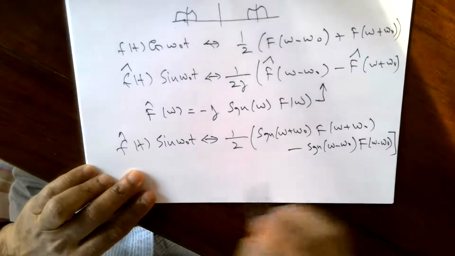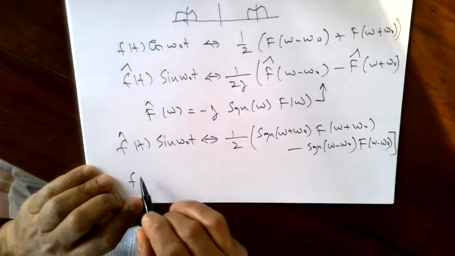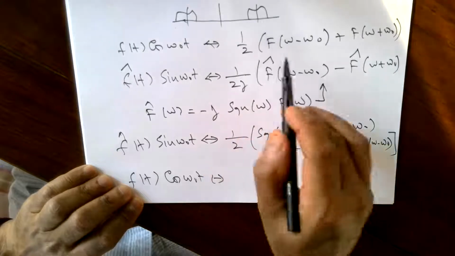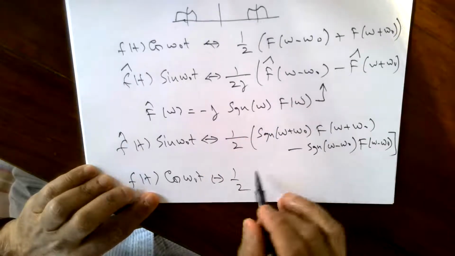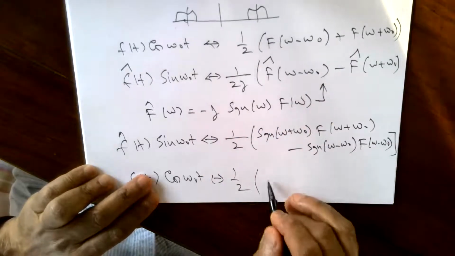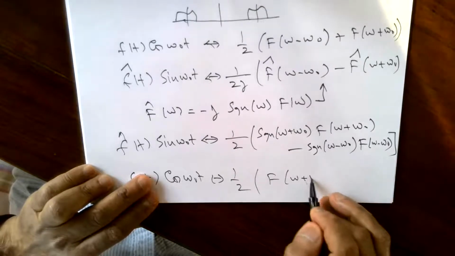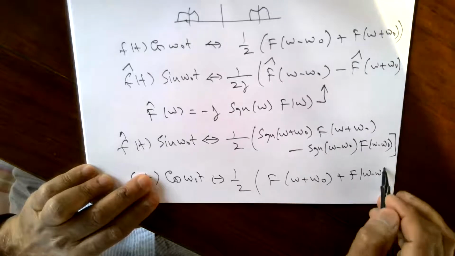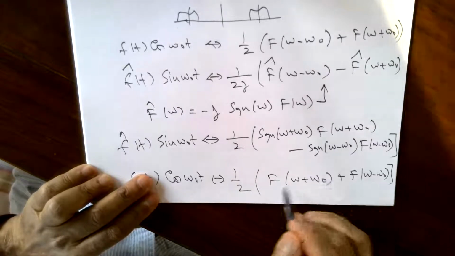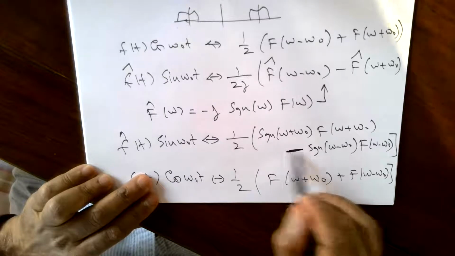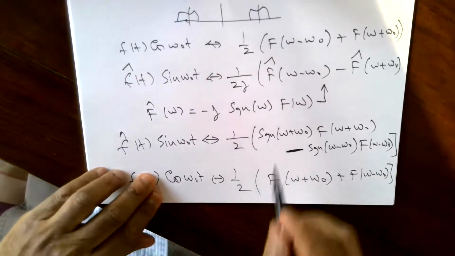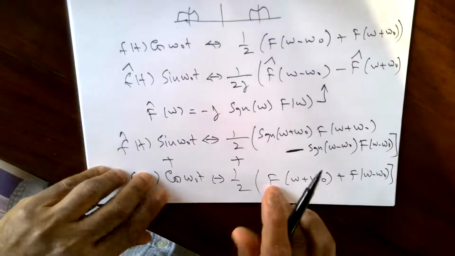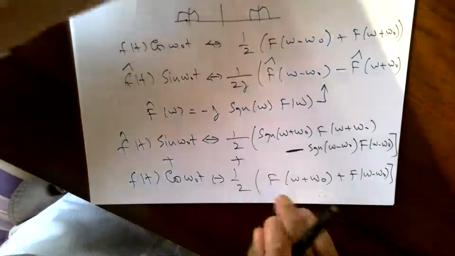So we'll get this much. And I'm going to write the other one just below this, cos ω0 t. I'm just going to copy from here. Because it is plus here, I'm going to write it that way: F(ω + ω0) plus F(ω − ω0). Notice we brought everything in terms of F and the sgn functions. There is minus here, there is plus here. So all we have to do is just add these two terms. That means we add it on the right side, which I'm going to do now.